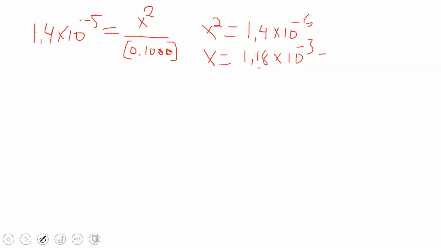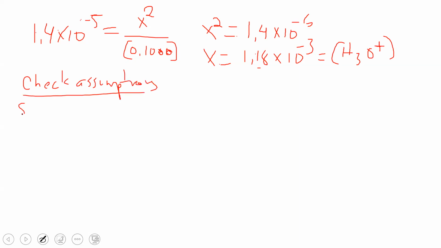And so we're going to say that that's equal to our hydronium ion concentration. And in order to be able to say that realistically, we need to check our assumptions. Okay, and so we're going to check first our 5% rule.